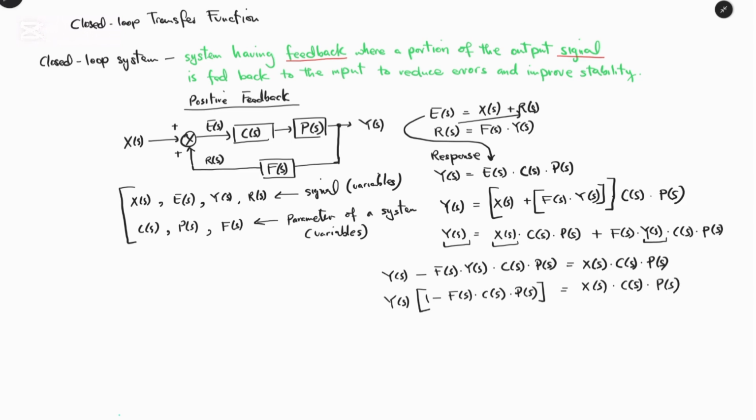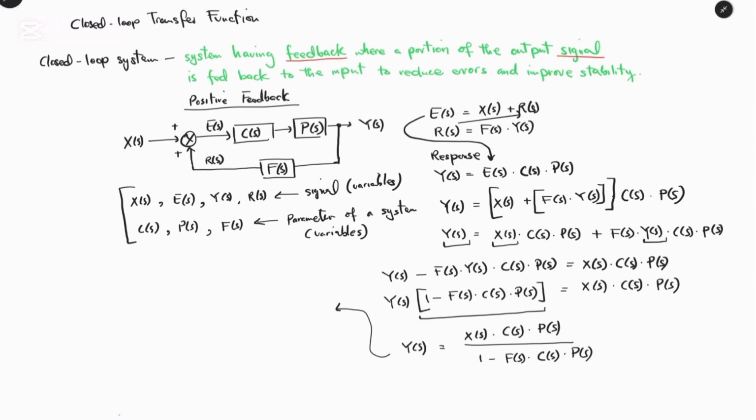So we can divide this equation so we can have the response, which is Y of S, equal to X of S dot C of S dot P of S divided by 1 minus F of S dot C of S dot P of S. And now we can bring this X to the other side.